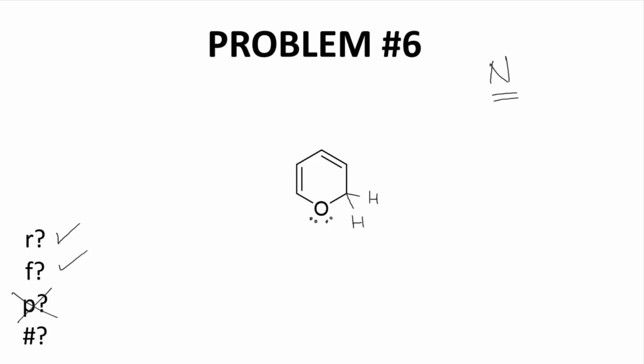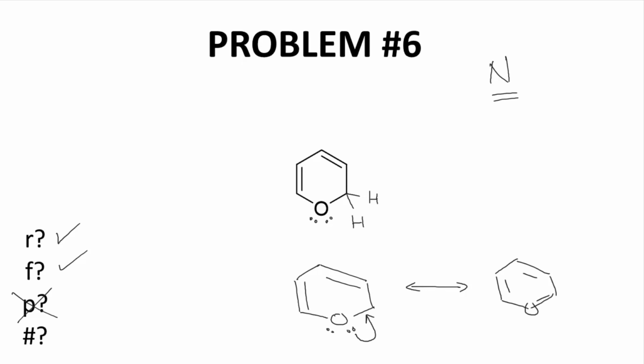Now, we had a previous example where we said it's not aromatic, but then we drew a resonance form. So it would be really common, I'm going to redraw the structure down here. It would be very common for students to write something like this. And they would say, oh yeah, we can draw a resonance form here, and we can just do this. And that looks really nice. And that would be an aromatic structure. The problem is if you don't recognize there are 2 hydrogens here.